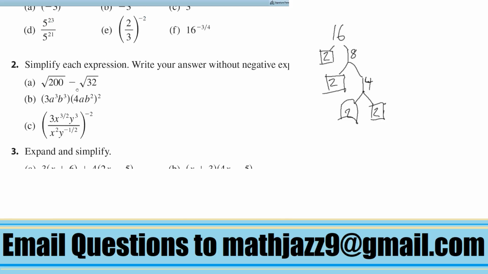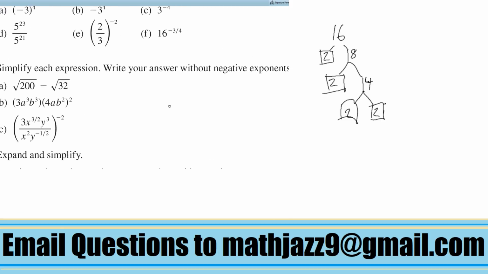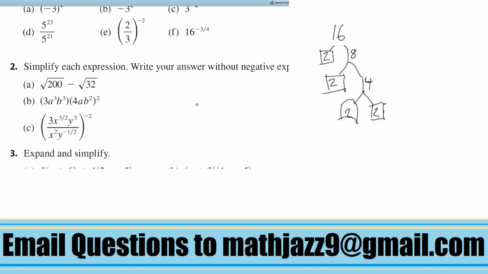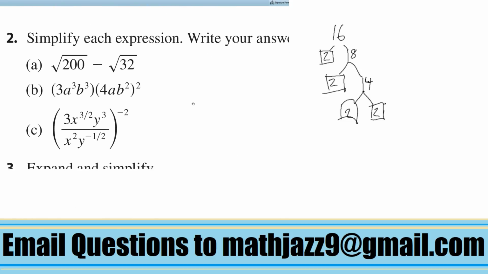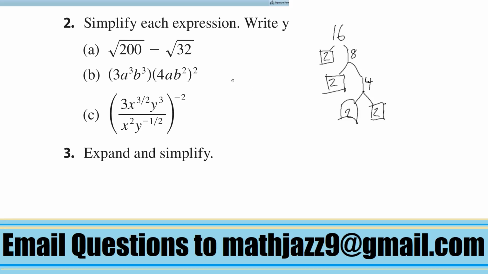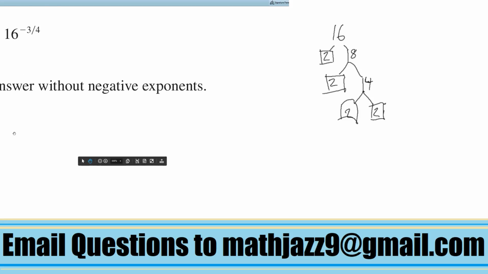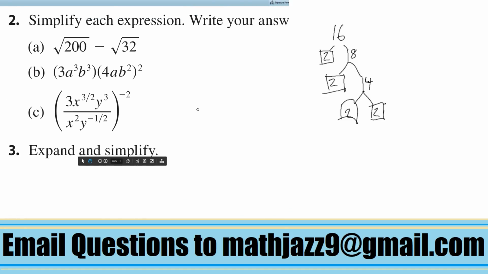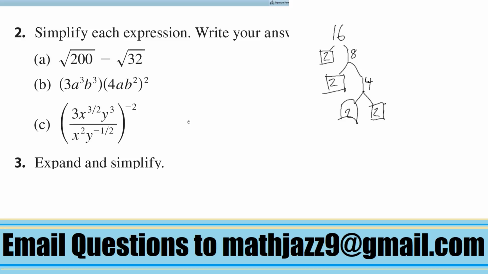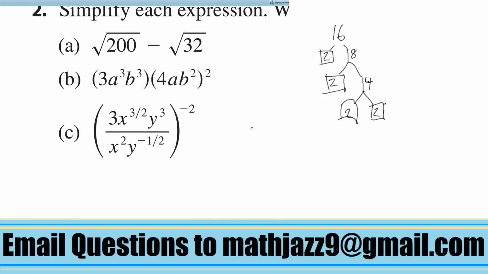Our next problem says simplify each expression, write your answer without negative exponents. And we'll zoom in a little bit. So we have to figure out how to rewrite these without any negative exponents. Okay, so simplify is kind of a strange term in mathematics.